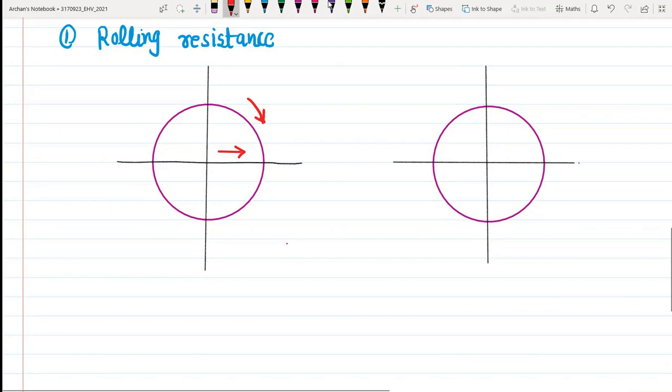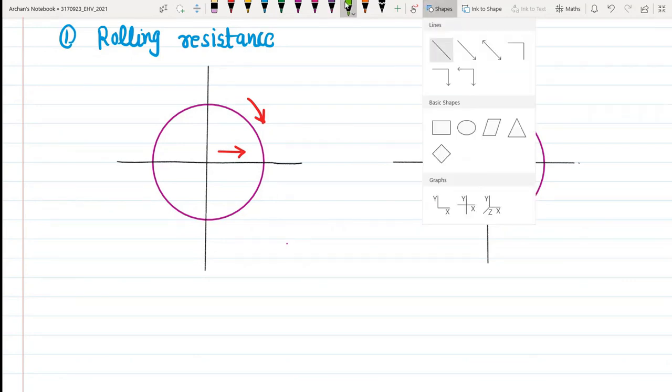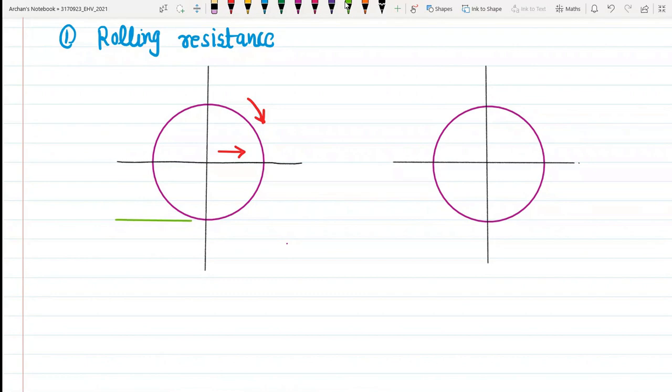Now this is my road surface, over here with a green line. Let me call this area RD, and we are applying some force in this particular direction, shown with the red color.